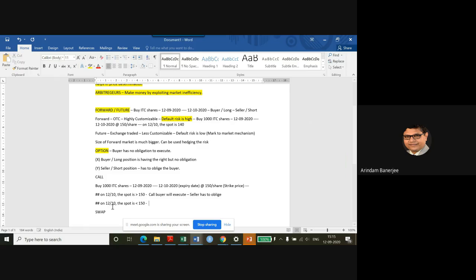But if it is less than 150, then for this call buyer it is not beneficial. If the spot is available at 130 and his contract is to buy at 150, why should he go for buying at 150 when it is available at 130 in the spot?